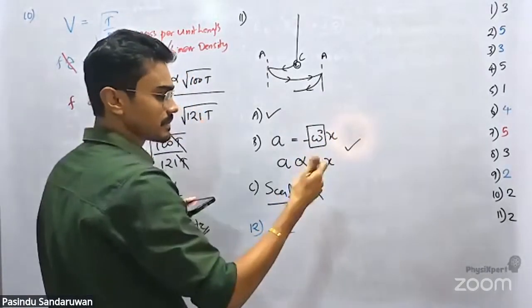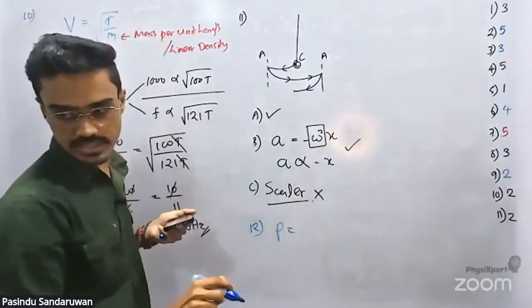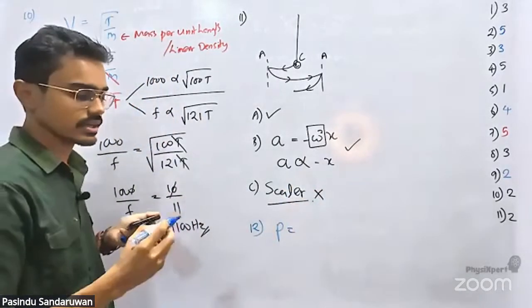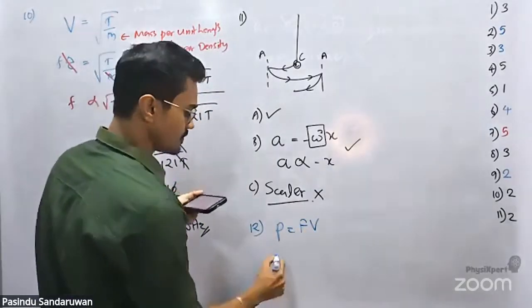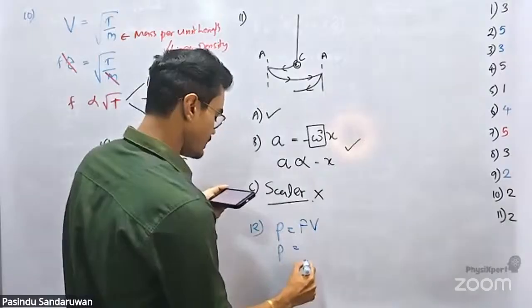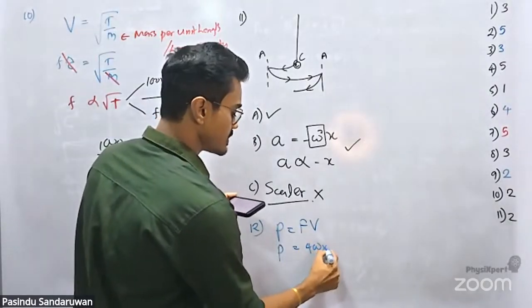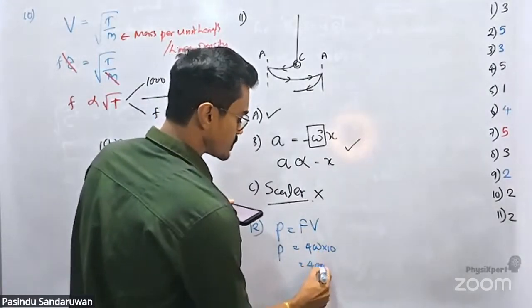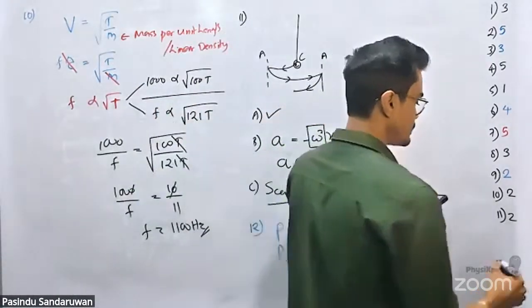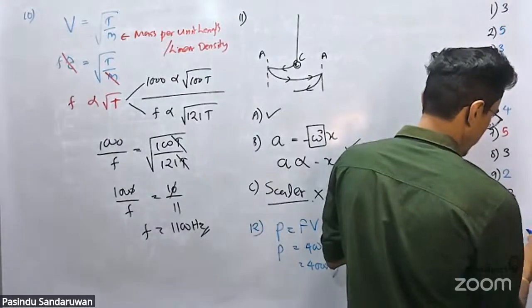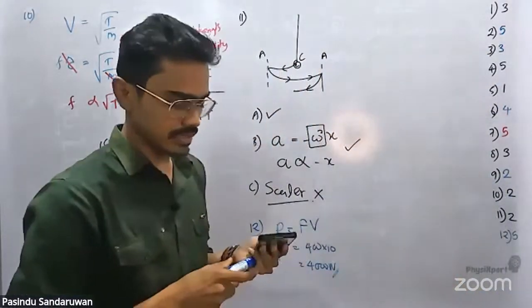In one of the previous questions also, I reminded you of the equation P equals Fv. We need to determine power. F is 400, v is 10, so that is 4,000 watts. For 12, answer 5.